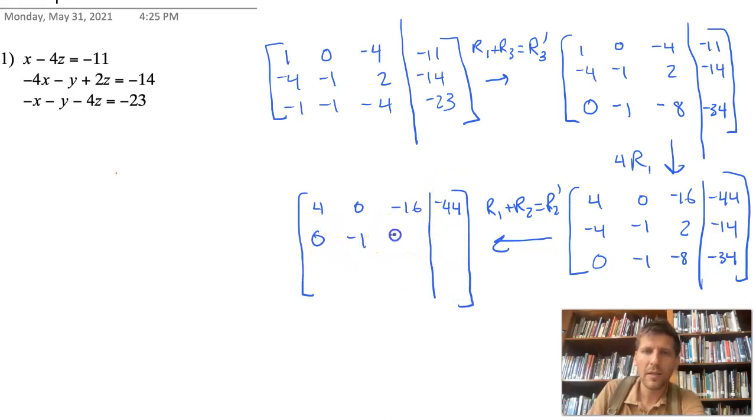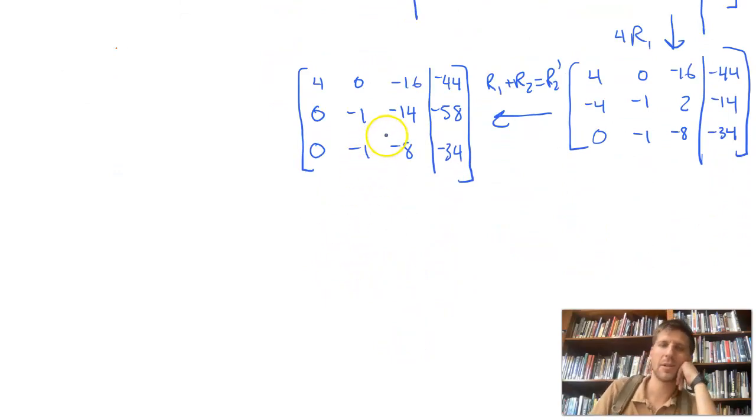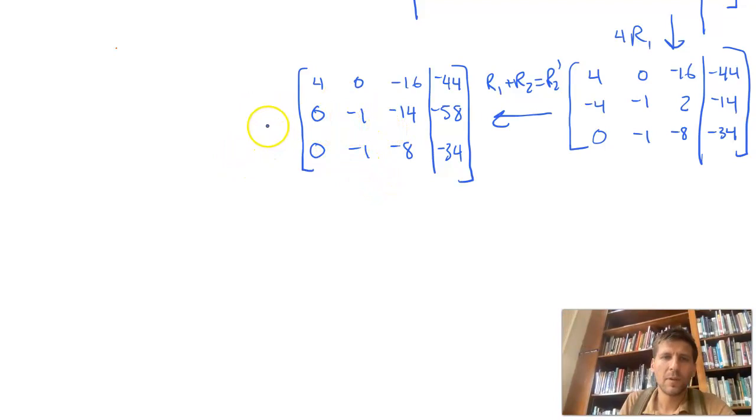Negative 1, add these. Negative 14, what's that? Negative 58. And then I've got my 0, negative 1, negative 8, negative 34. Okay, I'm in pretty good shape here because now I think I could just, maybe I'll just do this first.